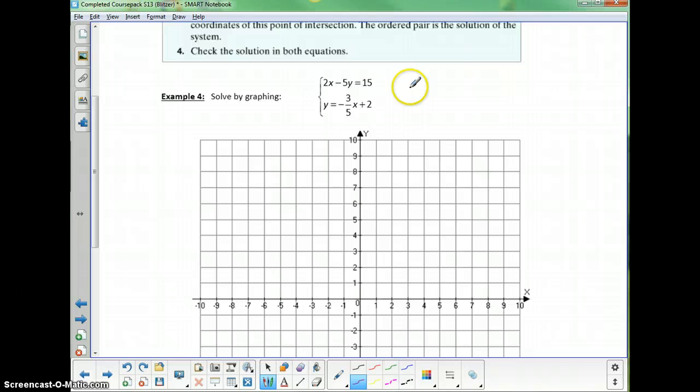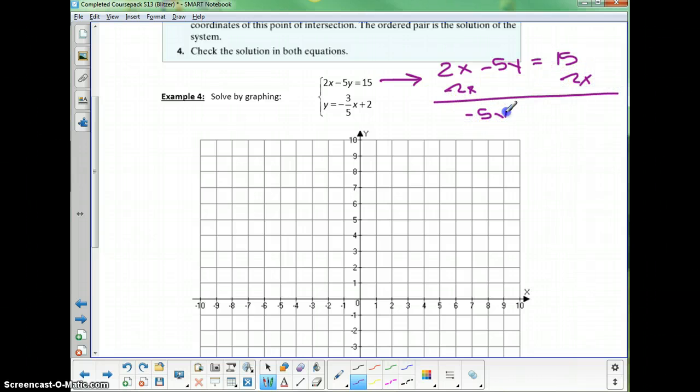Okay, first thing I need to do is solve for y in this first equation. Right now it's 2x minus 5y equals 15. And so I'm going to subtract 2x from both sides.